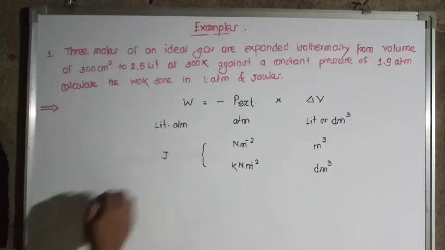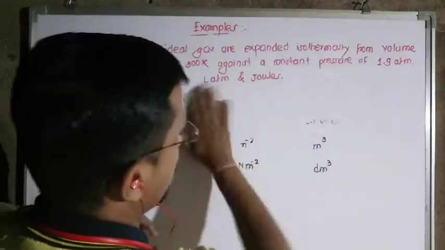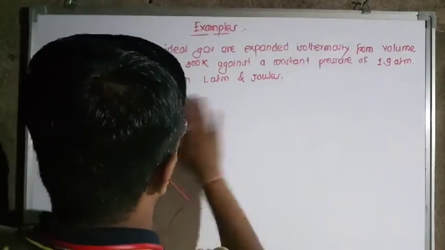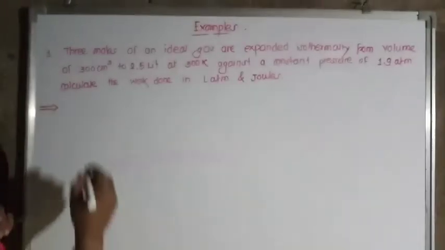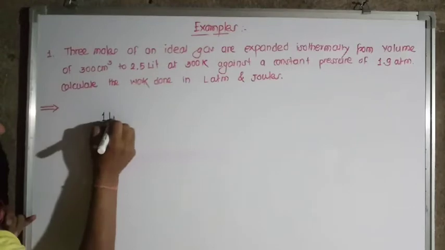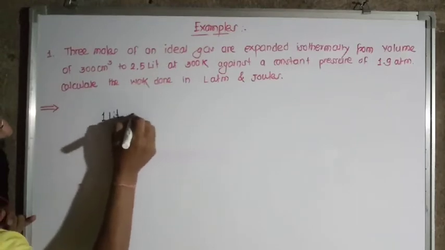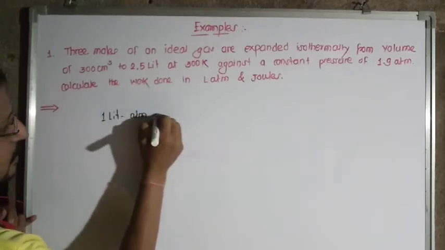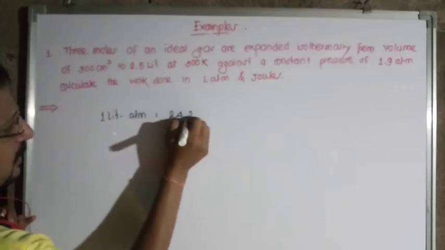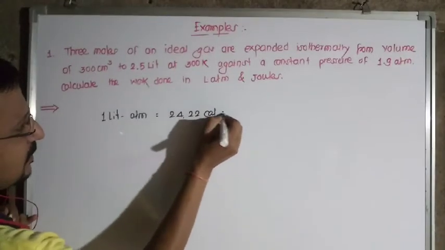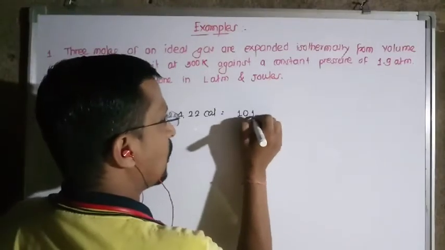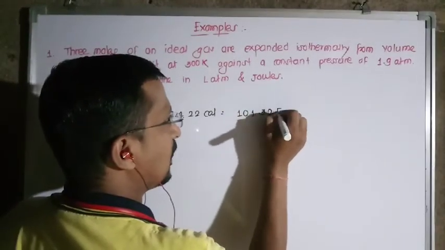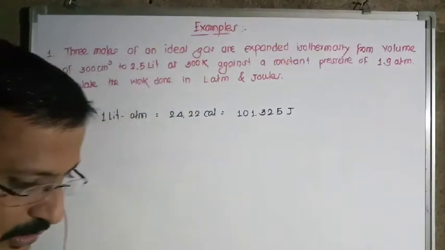Then we have to know some conversion factors. 1 liter atmosphere is equal to 24.22 calories, which is 101.325 joule.